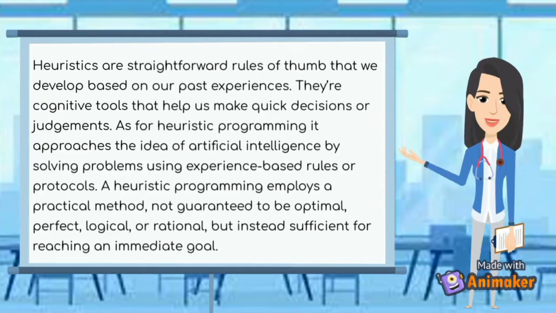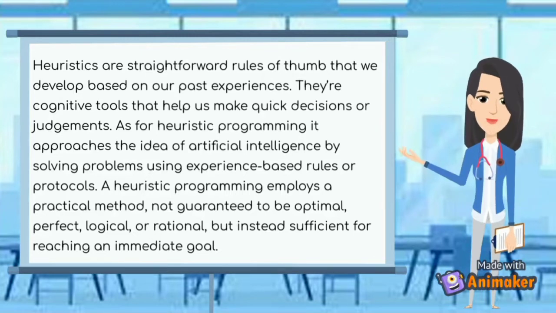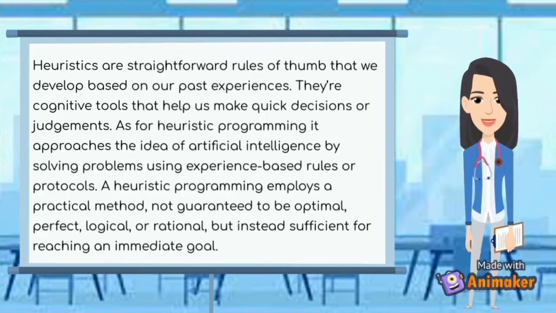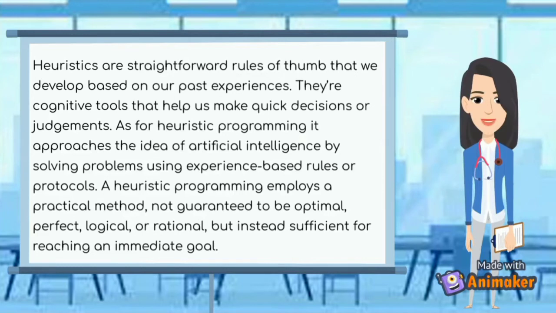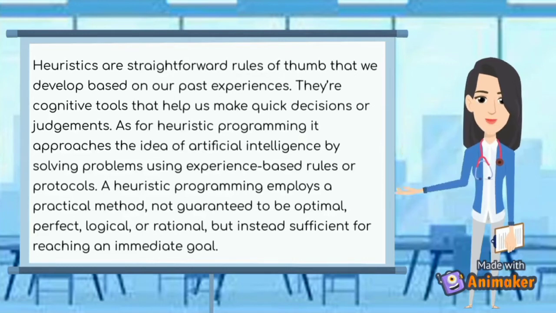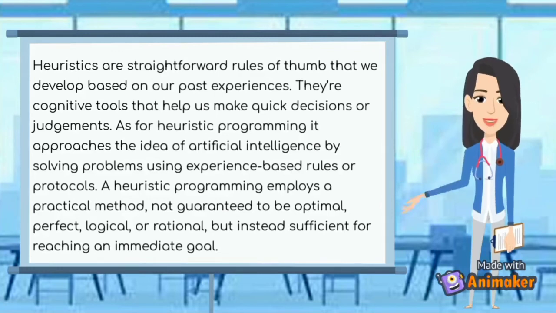As for heuristic programming, it approaches the idea of artificial intelligence by solving problems using experience-based rules or protocols. A heuristic programming employs a practical method, not guaranteed to be optimal, perfect, logical, or rational, but instead sufficient for reaching an immediate goal.